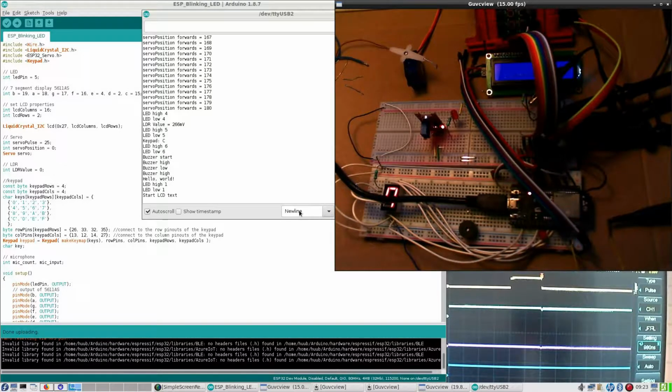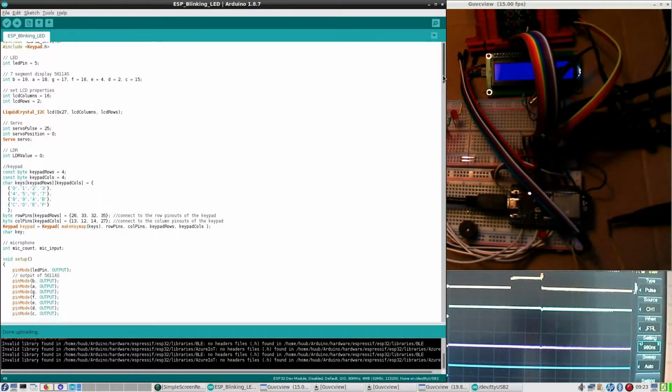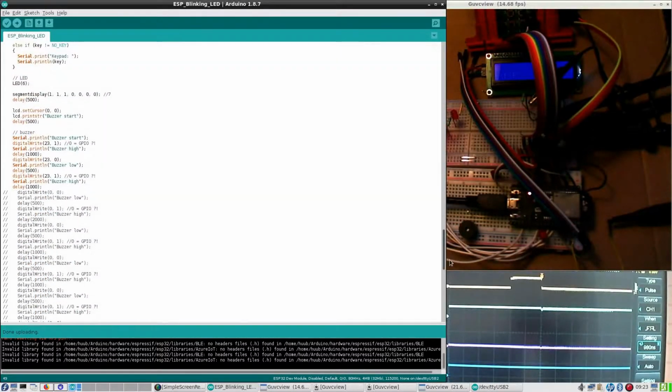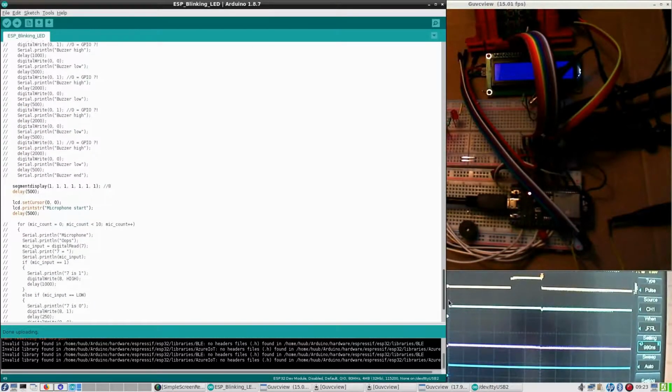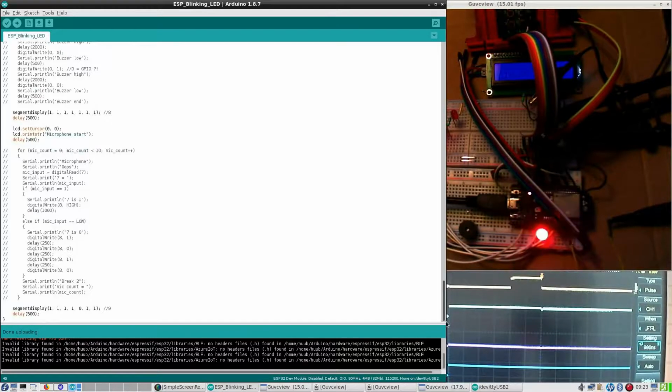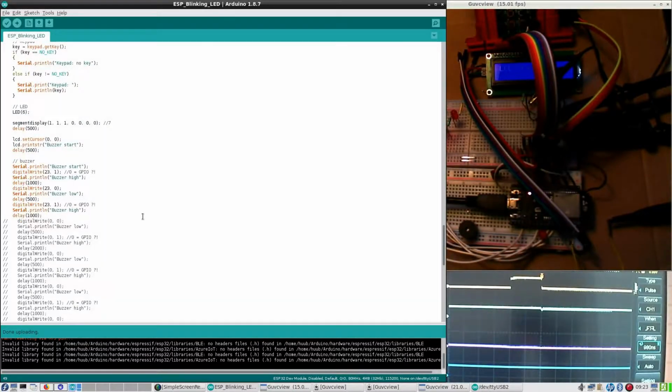So, since the focus is on the buzzer, let's indeed focus on the buzzer, which is right here. Pin 23. And yes, it is connected to pin 23, and according to all my knowledge, it does work that way.